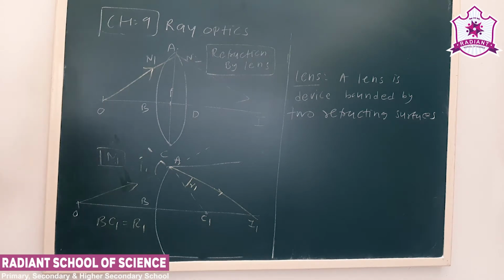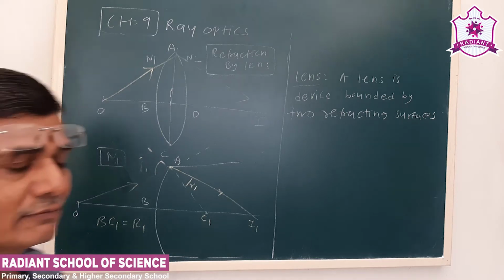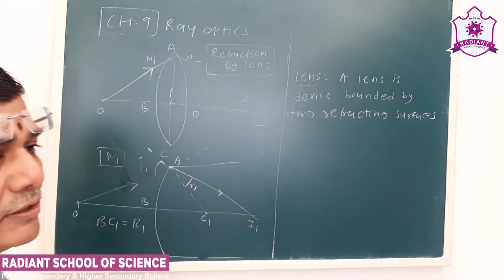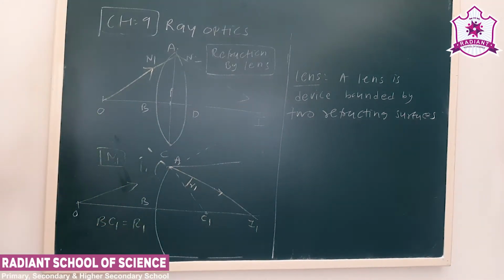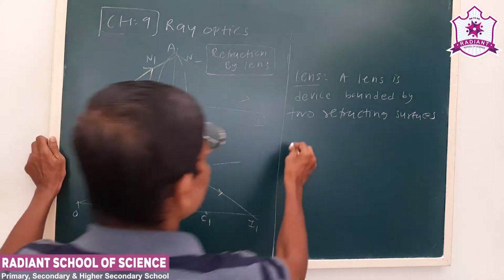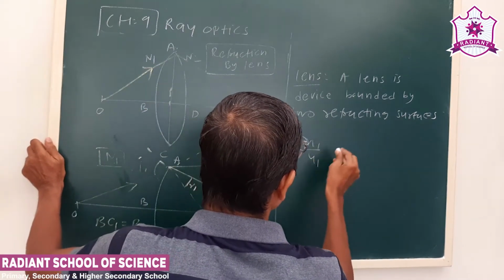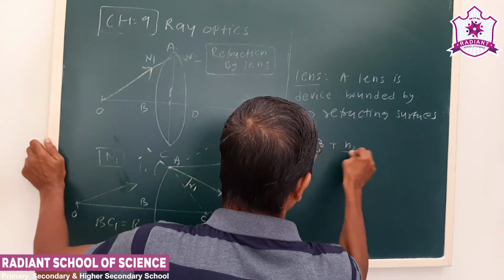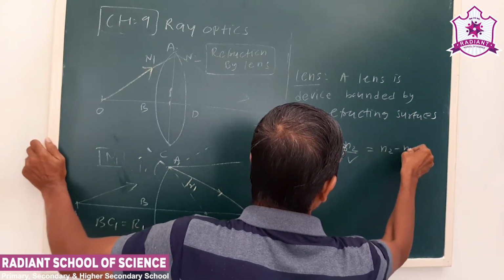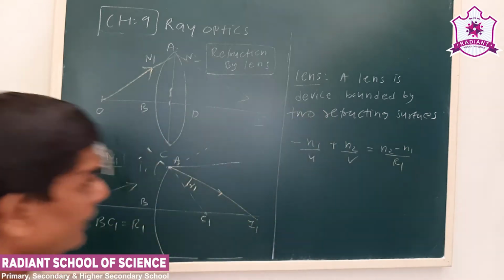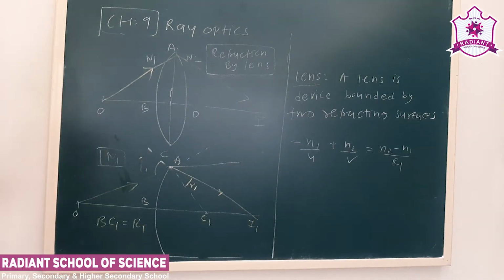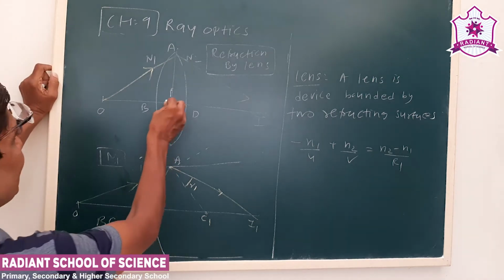Now see, last time we studied about refraction from a spherically curved surface. So the equation for the ABC surface is: minus N1 upon U plus N2 upon V is N2 minus N1 upon R1. Right now we write it in terms of distances.